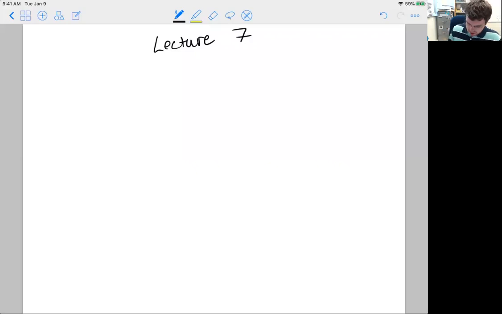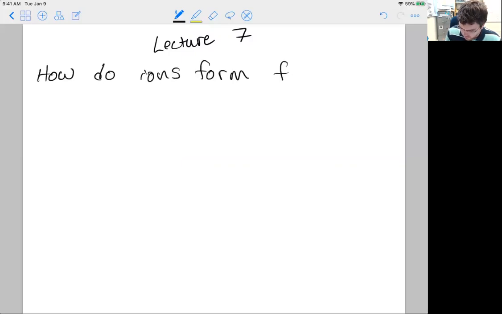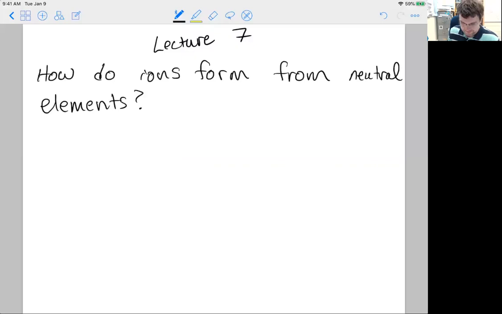So the question is, how do ions form, as it makes more sense for elements to exist as neutral elements? And with that in mind, we're going to ask the question, how do ions form from neutral elements?